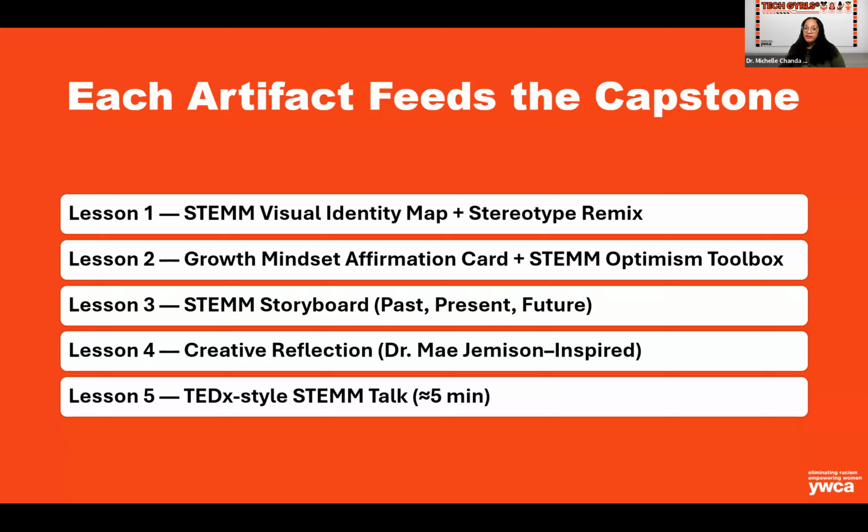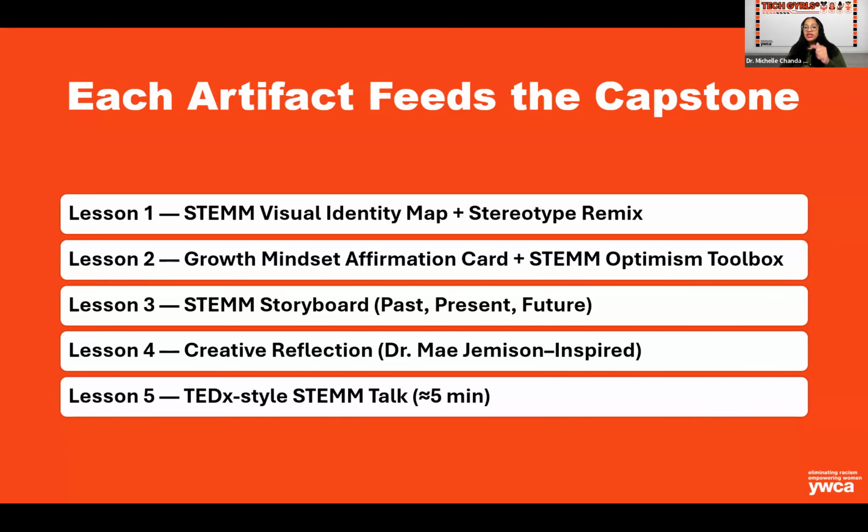And in lesson 5, they're doing this TEDx style talk. And so all of those things, every piece that you can see here supports the capstone. Each one, think of it as like a building block, stacking toward that TEDx style talk.